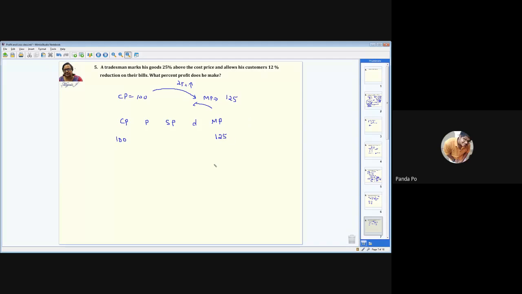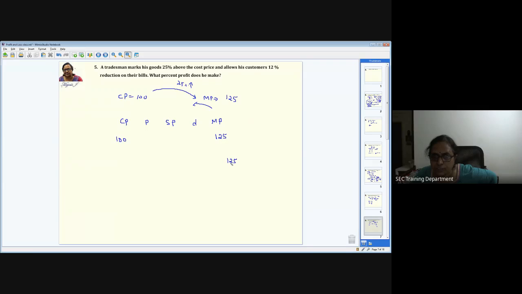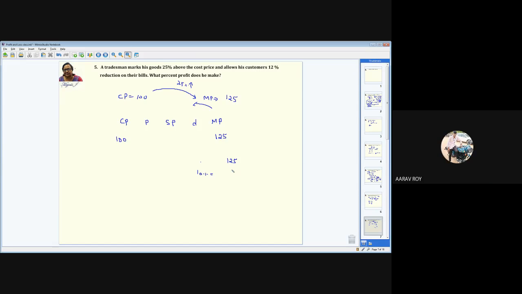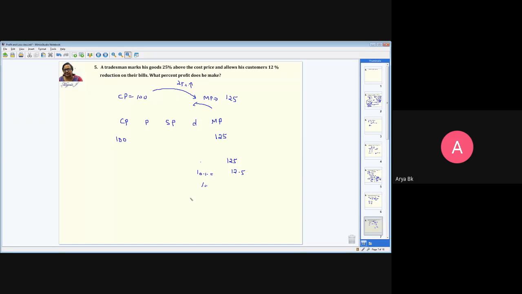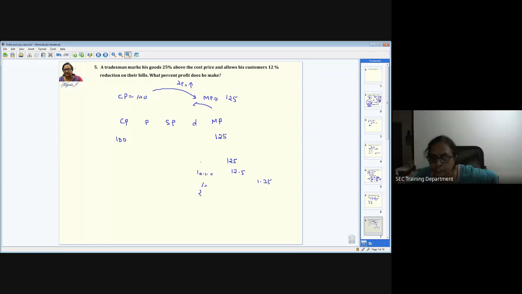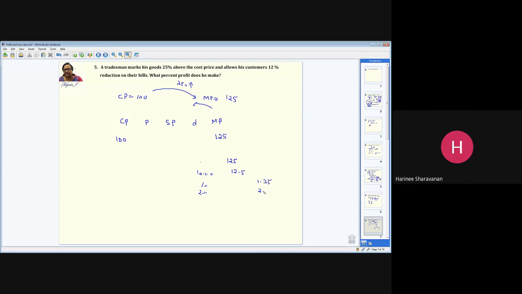How do you calculate 12%? Of 125, 10% is how much? 12.5. 1% is how much? 1.25. Therefore, 2% will be double of 1.25, that is nothing but 2.5.